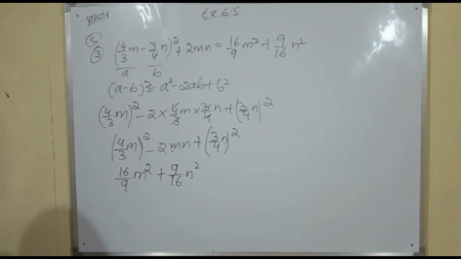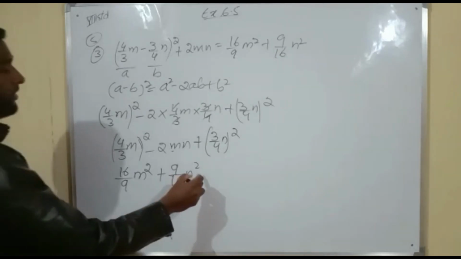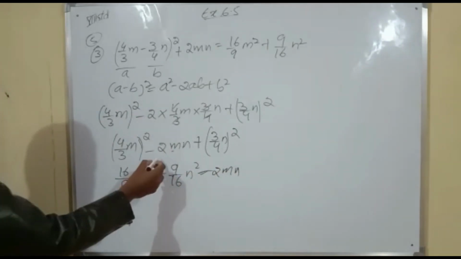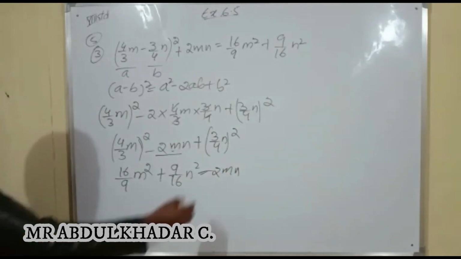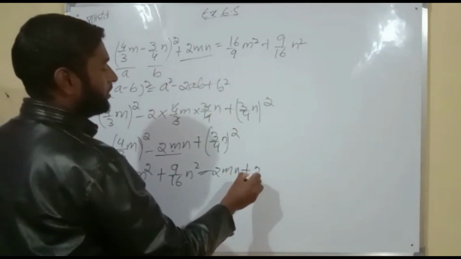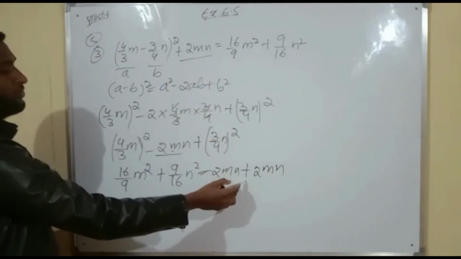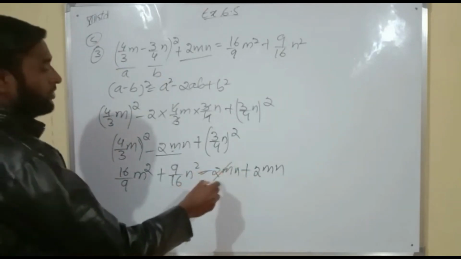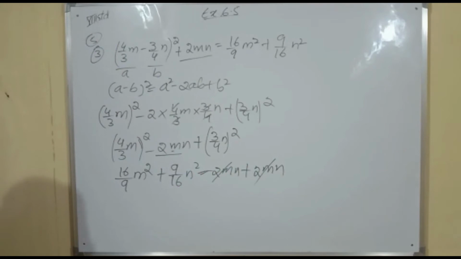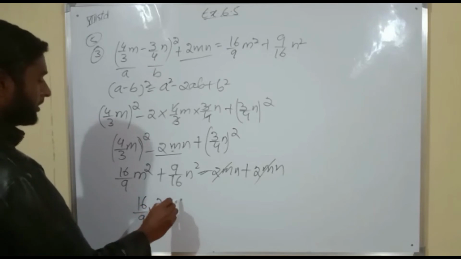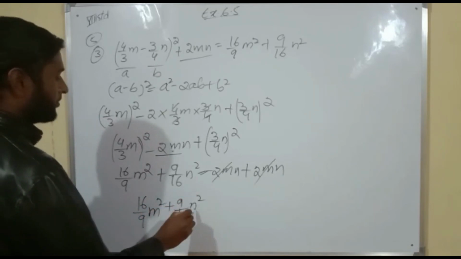Here the minus 2mn, I have written this at the last, so I have to write plus 2mn. Minus 2mn plus 2mn cancel out each other. So 16 by 9 m square plus 9 by 16 n square, that's what we want here.